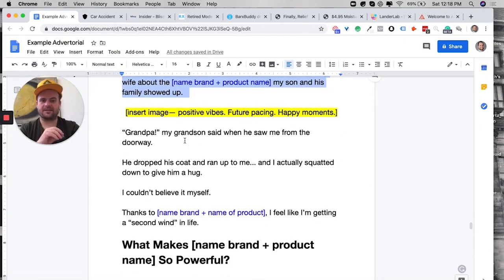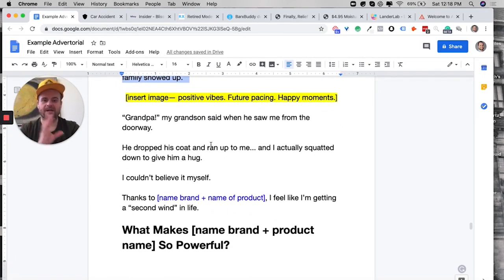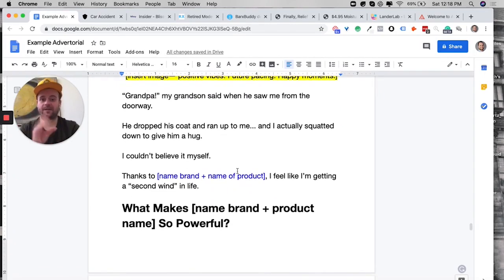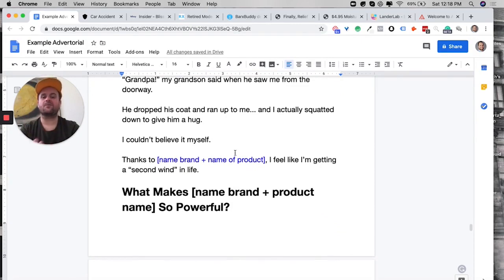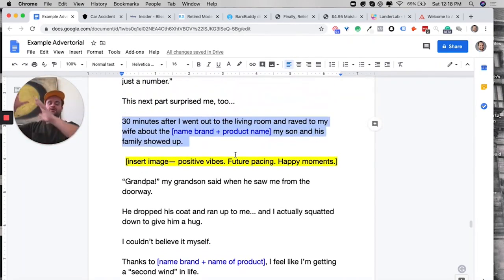Grandpa, my grandson said, he saw me in the doorway. He dropped his coat, ran up to me, and I squatted down to give him a hug. I couldn't believe it myself. Thanks to blah, blah, blah. I have a second wind in life. So I'm showing that progression. I might tone it down a little bit to make it more reasonable. But the point is, here's the part that was just crappy.